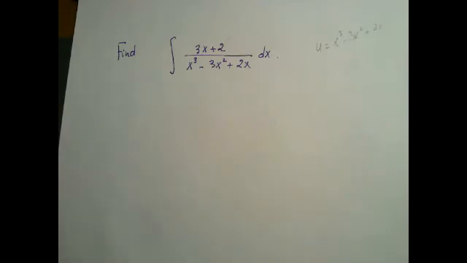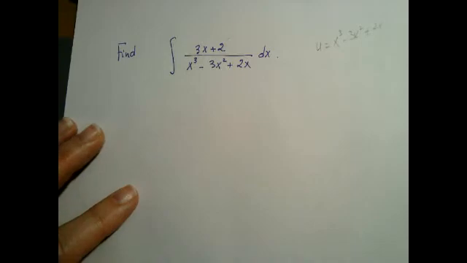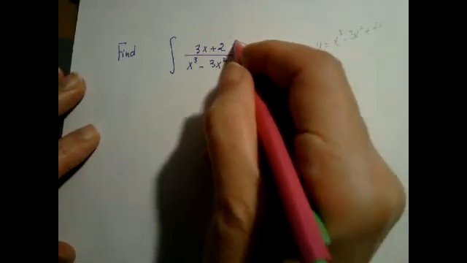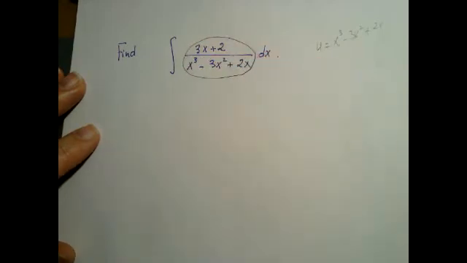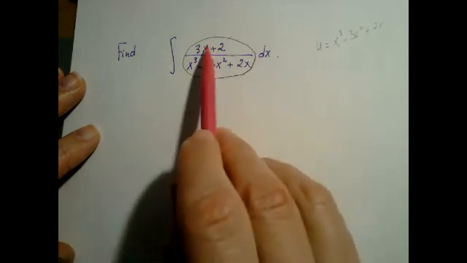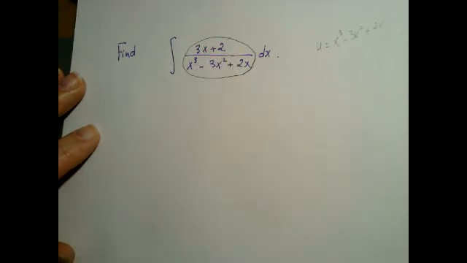So substitution will be absolutely out of the question. So the only way to do it is we're going to use what we call partial fraction decomposition. Now, first, let us note that this is a rational function, a polynomial over a polynomial.